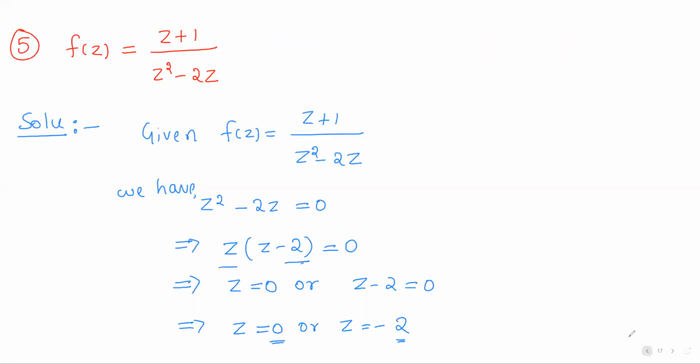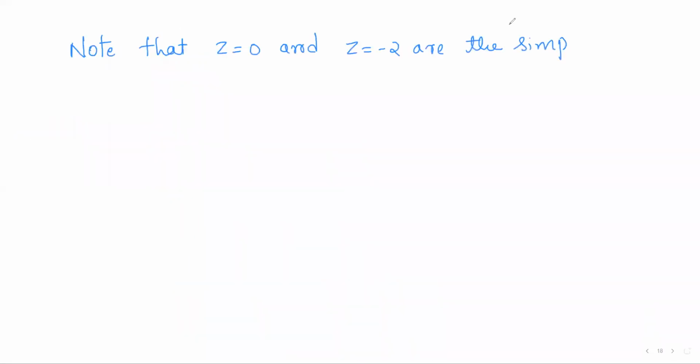So note that z is equal to 0 and z is equal to 2 are the simple poles of f of z.